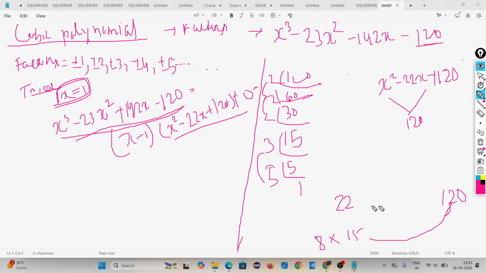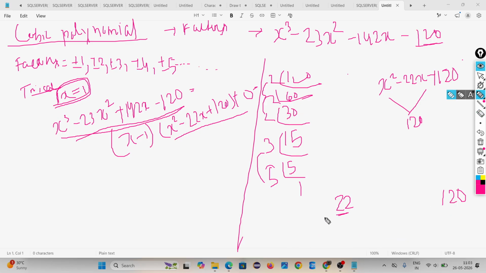When we add or subtract we need 22. 15 plus 8 is 23, and when you subtract it gives 7. So this combination is not right.